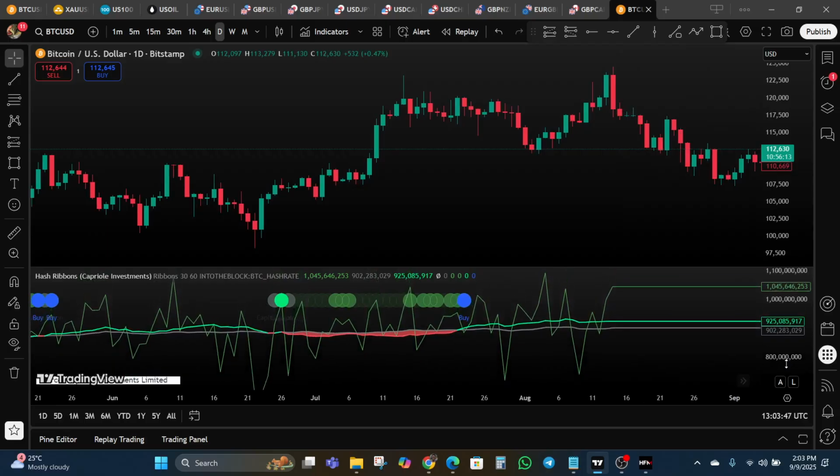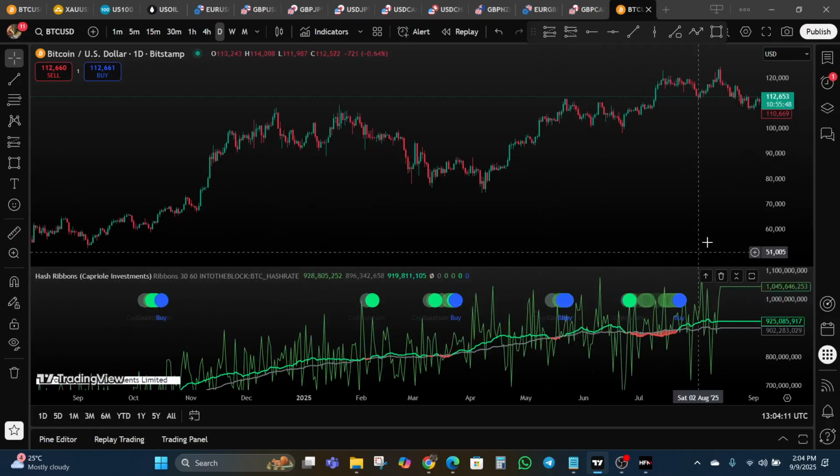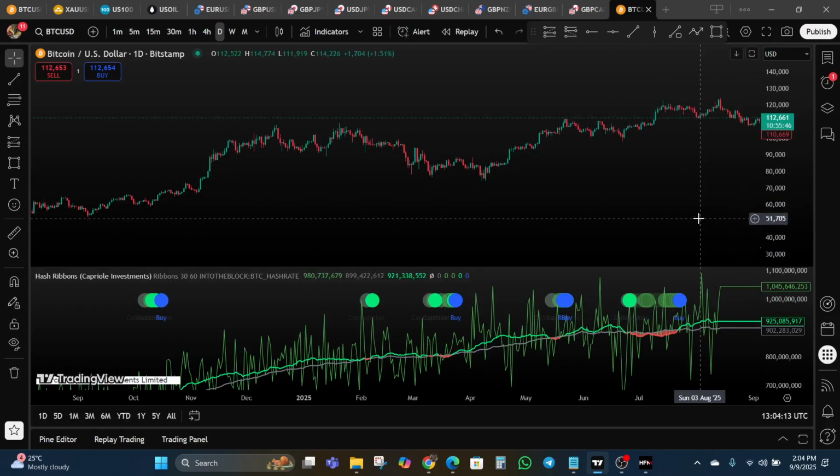You can combine this with other tools like volume or trend indicators to time entries or better understand Bitcoin's market conditions. This makes it a powerful addition to your crypto analysis toolkit. You don't want to use this indicator as a standalone indicator.